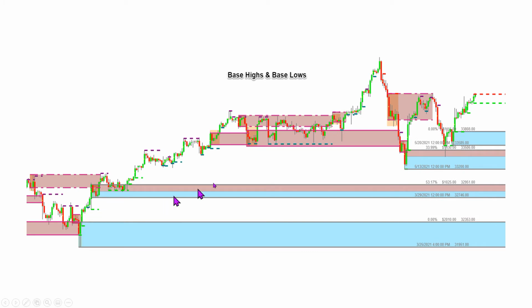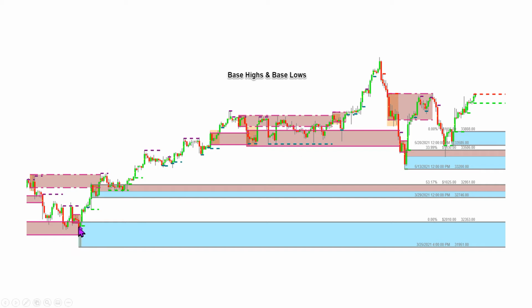Then we have base highs and lows, and the tool will allow you to leave broken base highs and lows on your chart. You can see here is a base high that was broken. Here is a base low that was broken by future price action. And you can see we've got a base high here that is still active and has not been broken.